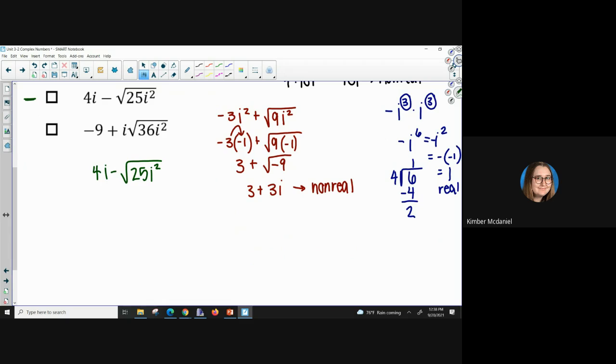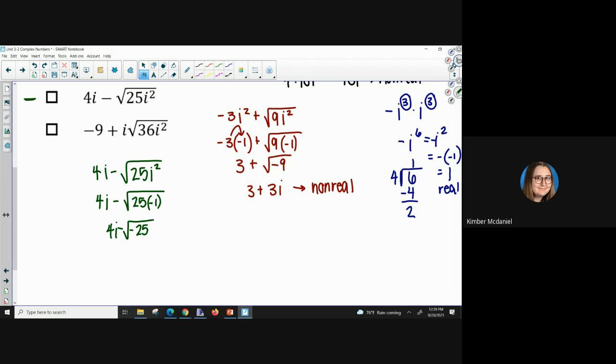So I'm going to have 4i minus the square root of 25 times -1. Because again, here we're acknowledging that i squared equals -1. 25 times -1 gives us the square root of -25. And what is the square root of -25?